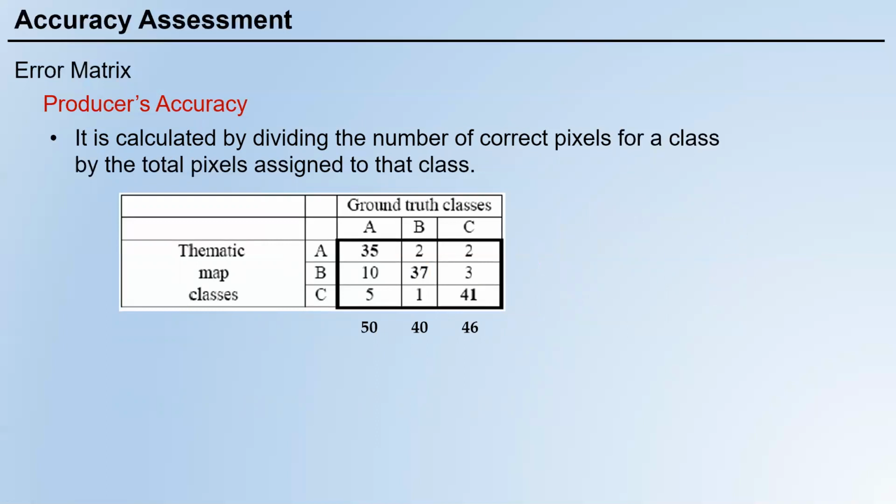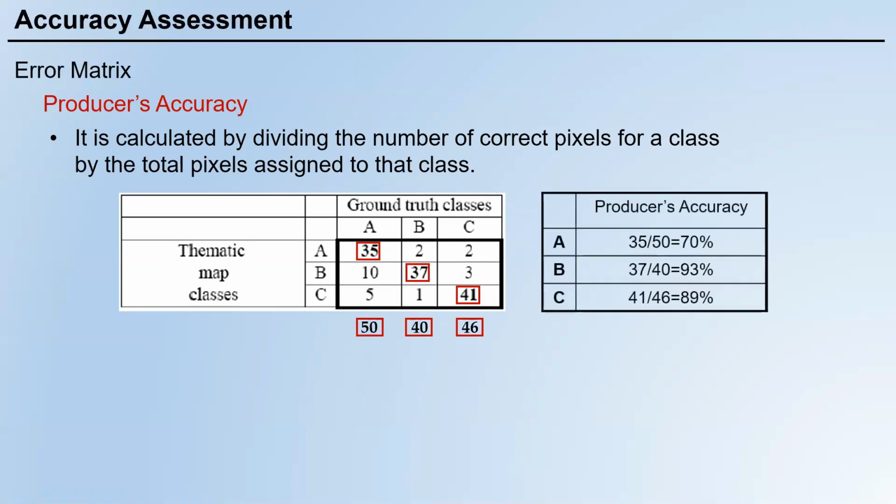So last one, producer's accuracy. It is calculated by dividing the number of correct pixels for a class by the total reference pixels for that class. What does it mean? It means this. We care about columns here. For class A, there should be 50 pixels.